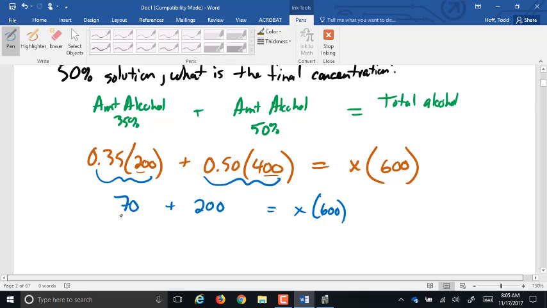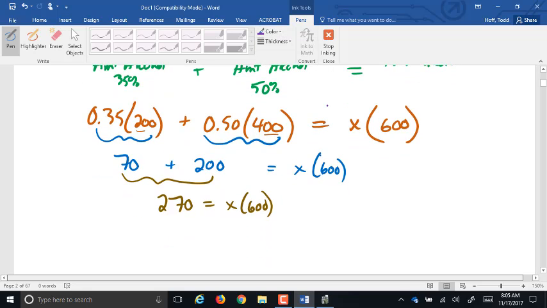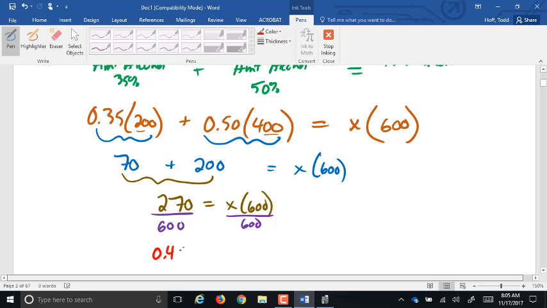Next, we would add 70 and 200 to get 270. And then divide by 600 to get x by itself, which will give us 0.45, right? So it's a 45% solution.